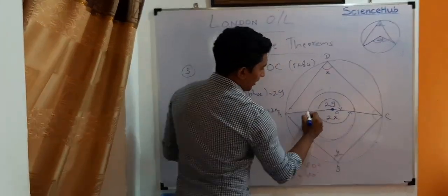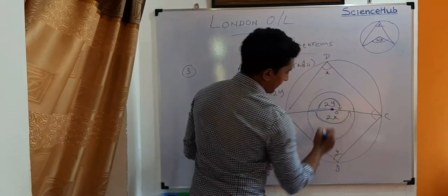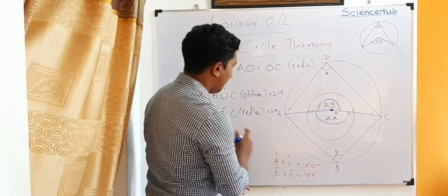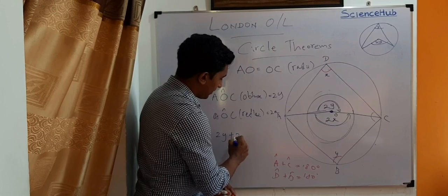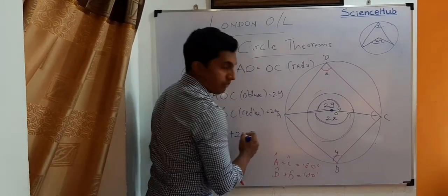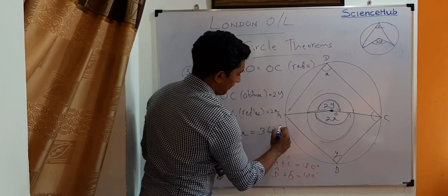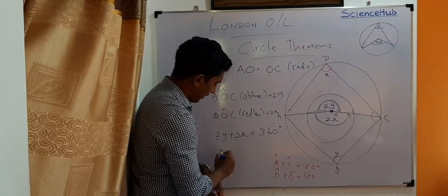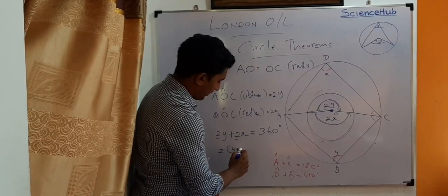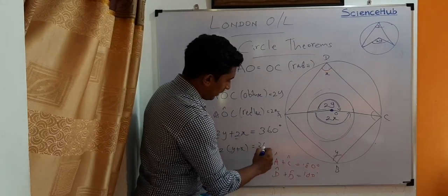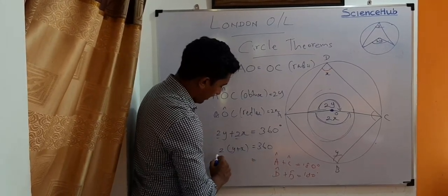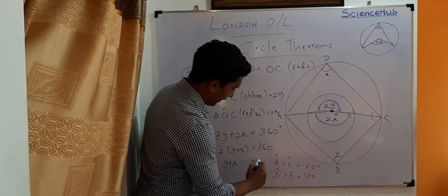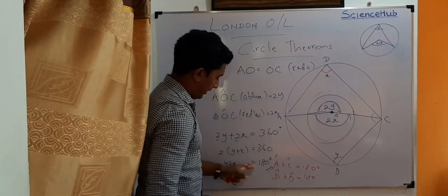That means the sum of these two angles should equal 360 degrees. So 2y plus 2x, or 2x plus 2y, equals 360 degrees. 2 is common, so we can take it out: y plus x, or x plus y, equals 360 divided by 2, which is 180.